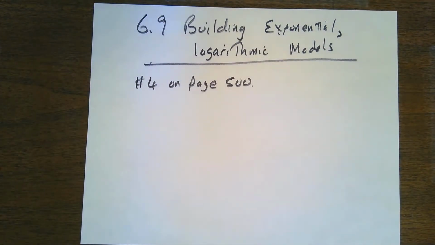It says chemistry. A chemist has a 100-gram sample of some sort of radioactive material. He records the amount of radioactive material every week for 7 weeks, and he gets the following data. So let's copy down this data table.